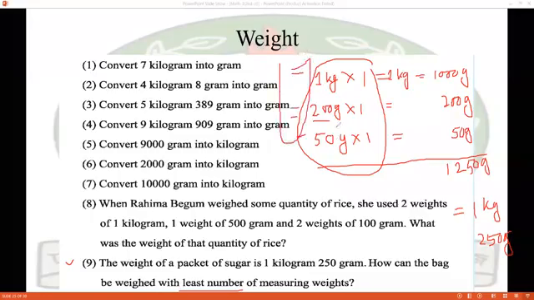And when you choose 200 gram weights, it will be 3 weights: 1 kilogram, 1 200 gram and 1 50 gram weight. So you have to choose the least number of measuring weights. In this way you can choose the least number of measuring weights. There is another way to choose it, but it will not be the least number.